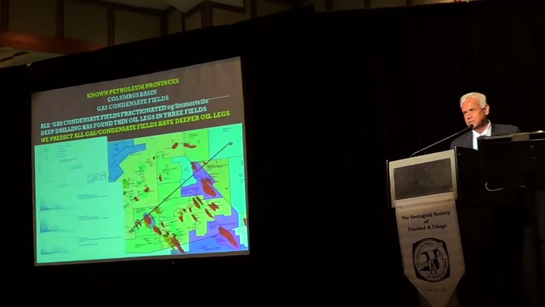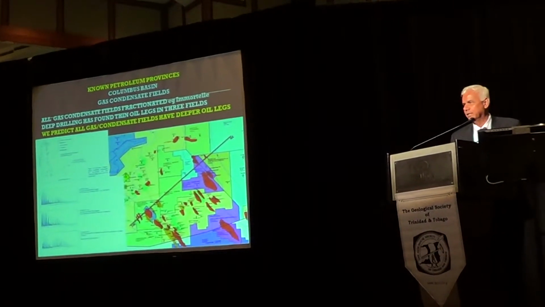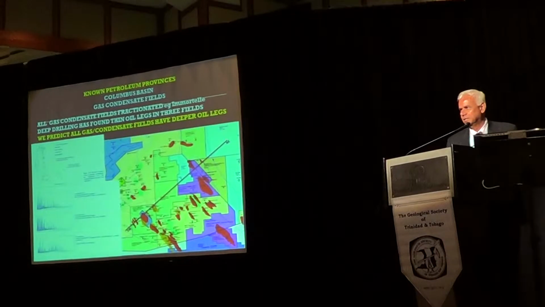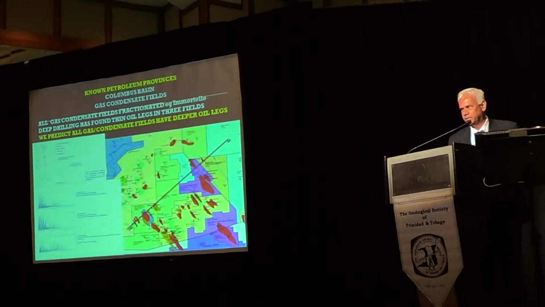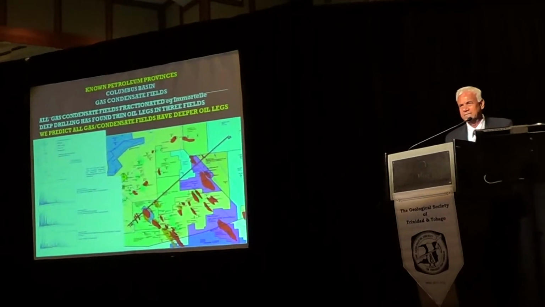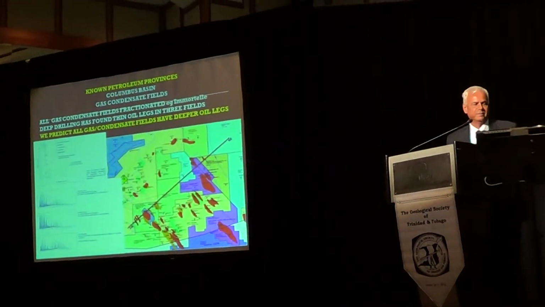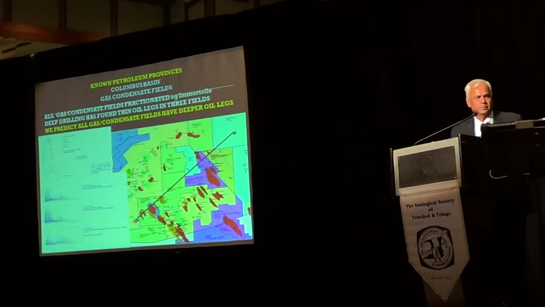All the fields which have been drilled deep successfully have found the oil there: Mahogany, Angostura, Ibis. So for the ones which have not yet been drilled deep and which have found these fractionated condensates, we say again that you will find black oil. Maybe thin legs, but black oil below.